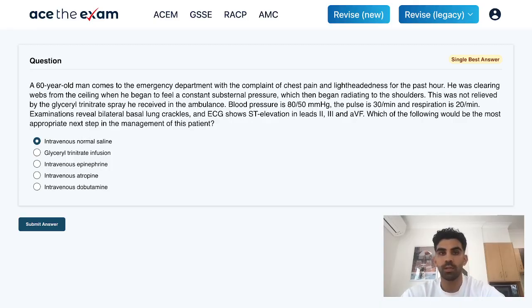So we need to quickly realize that this patient is crashing and that they are most likely in cardiogenic shock. And this is because the heart rate is low at 30, not because his heart is weak. Remember that cardiac output is equal to heart rate multiplied by stroke volume.